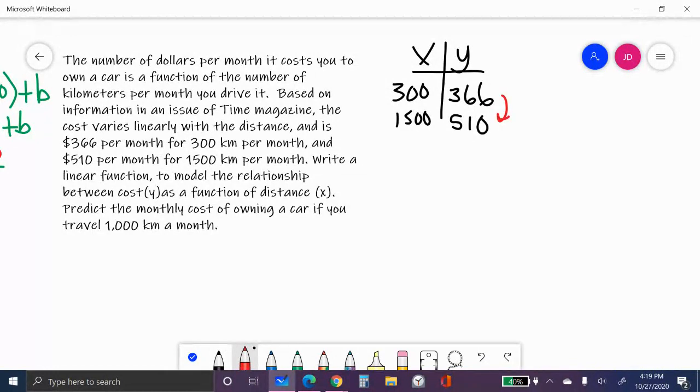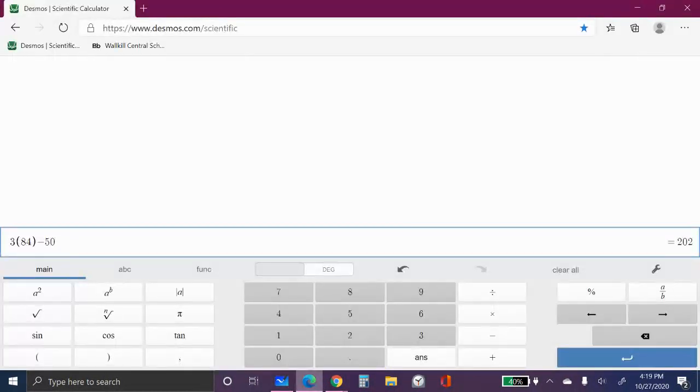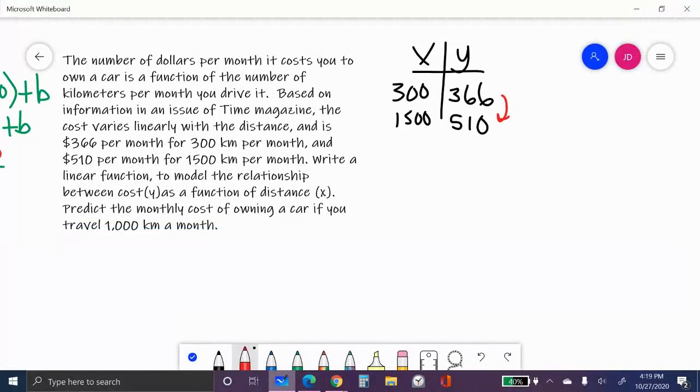Okay. 366 to 510. I'm going to use my calculator. 510 minus 366 is 144. And this one, 300 to 1,500 is 1,200. So my m is 144 over 1,200.